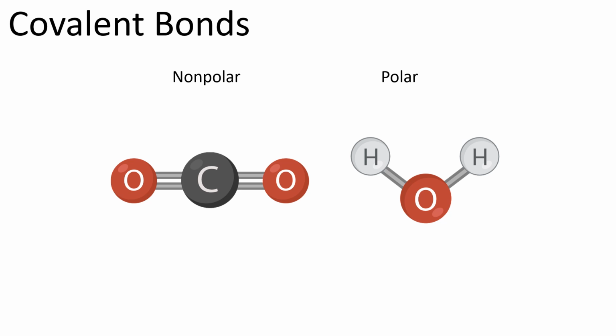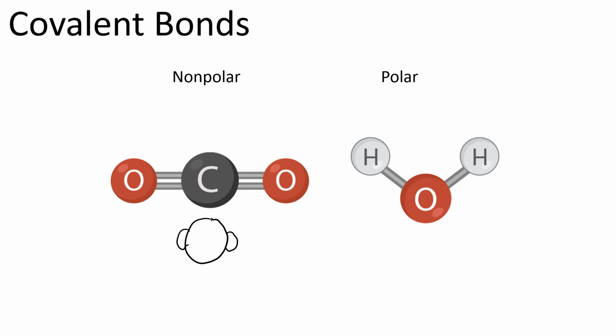On the left here, we have carbon dioxide, which is shaped like Princess Leia with the braid buns on the side. I think that's what's happening there. Carbon is equally sharing its electrons with both of the oxygens.